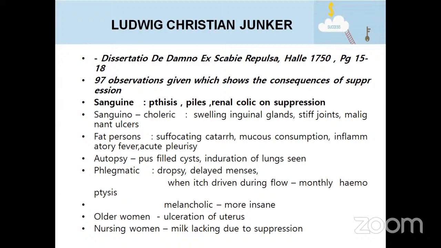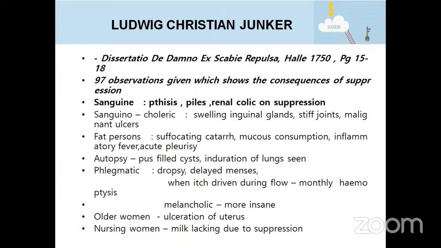In a fat person, there will be suffocating catarrh, mucus consumption, inflammatory fever, and acute pleurisy. In autopsy, you can see pus-filled cysts and induration of the lungs. These are the commonest observations of the consequences of suppression.